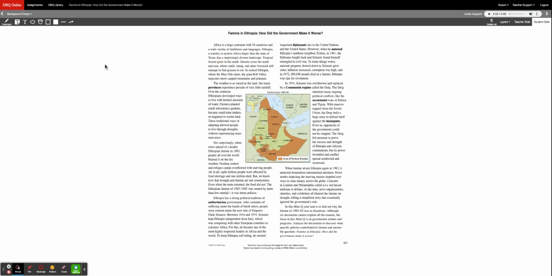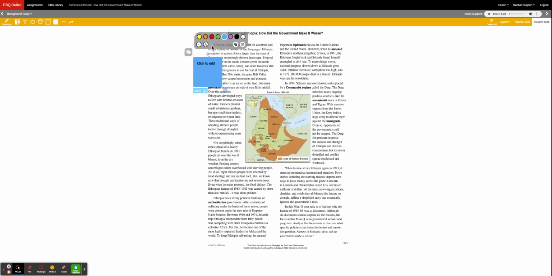Something else to keep in mind that students need an example of or a modeling of is that each time you circle a powerful word or phrase or underline a word that you don't understand, it's important to make note of why you underlined or circled that particular word or phrase.